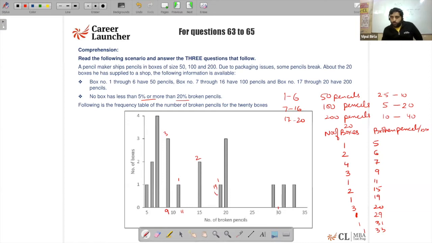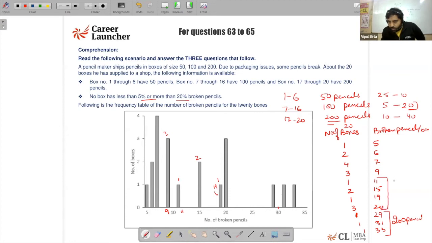So now, any number of broken pencils which is more than 20 has to be from the 200 box, and any value which is less than 5 will be from the 50 box. So more than 20, we can figure out these are the 3. So this has to be from the boxes having 200 pencils in total. Any value which is more than 10 cannot be a part of the 50 boxes.